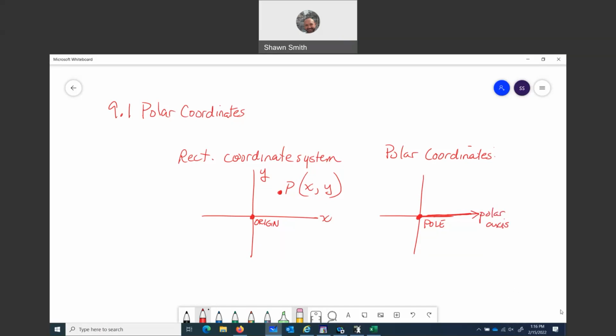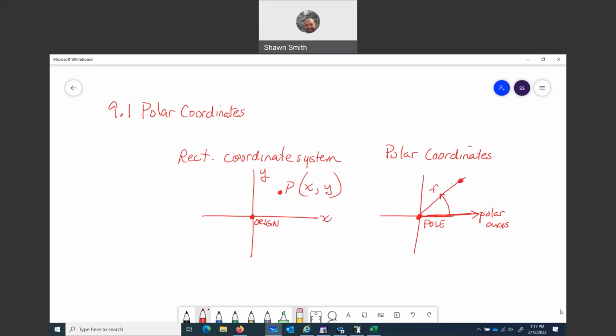All right, so if I say from there, rotate some particular angle and land right here after walking from the pole, the distance from the pole to that point is r. Go figure. It looks just like the hypotenuse in a right triangle.